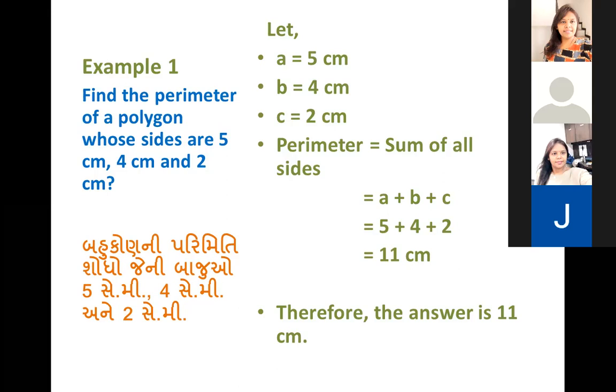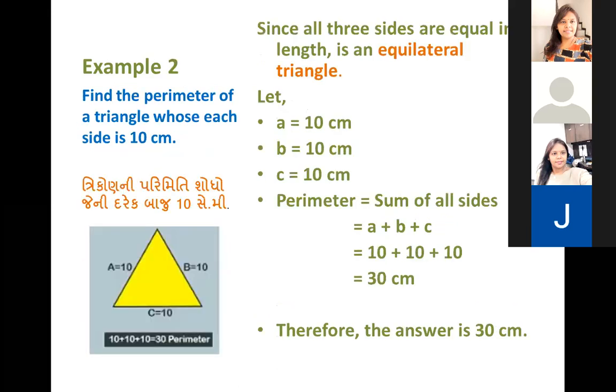These are the question and the answers on your screen. You don't need to write, just focus on it. So let's move on to the next question. Perimeter means the sum of all sides. If you take the sum of all sides, you get the perimeter.